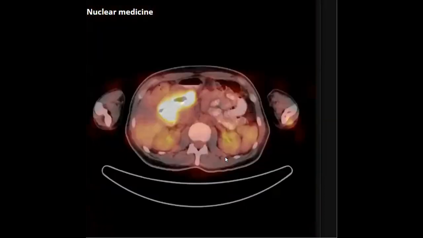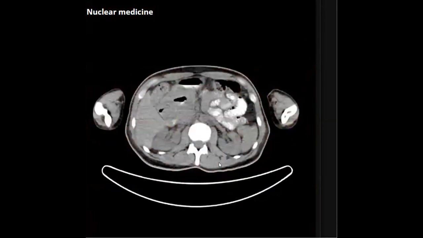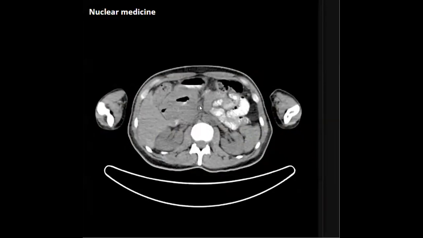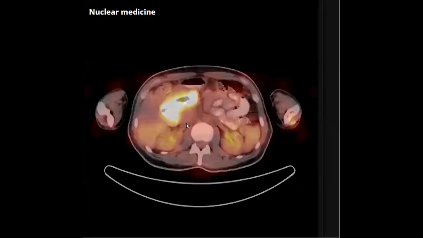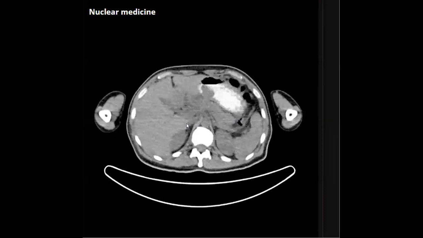So in the PET-CT you have to differentiate between the pathological like this and the physiological like this. So you also go and check the CT images to confirm the location, the anatomical differentiation, and so on, okay?